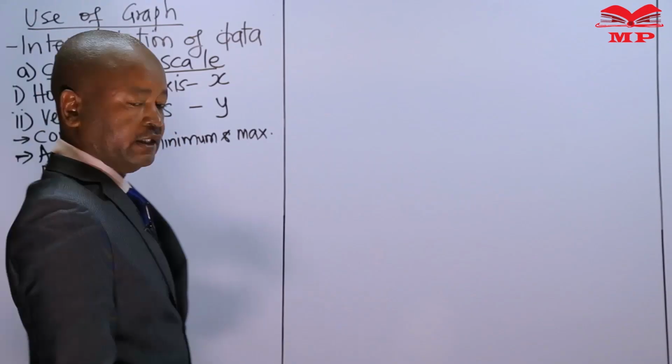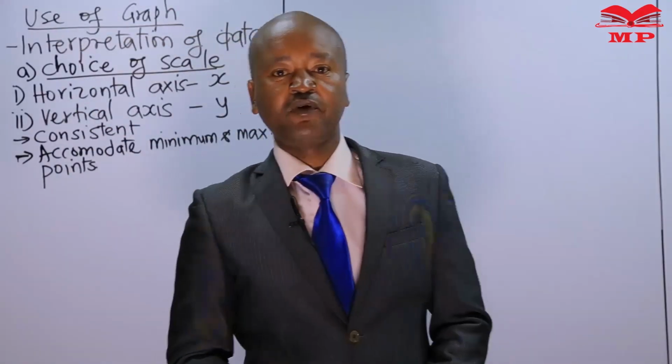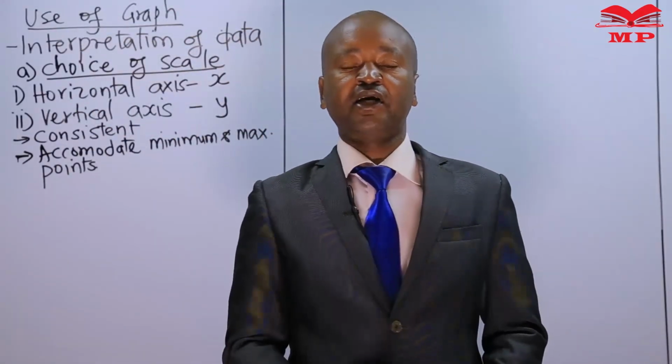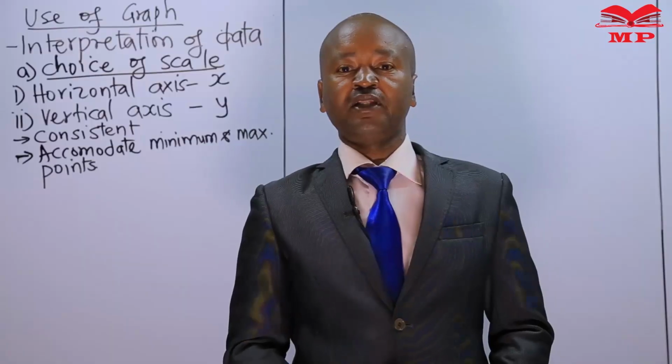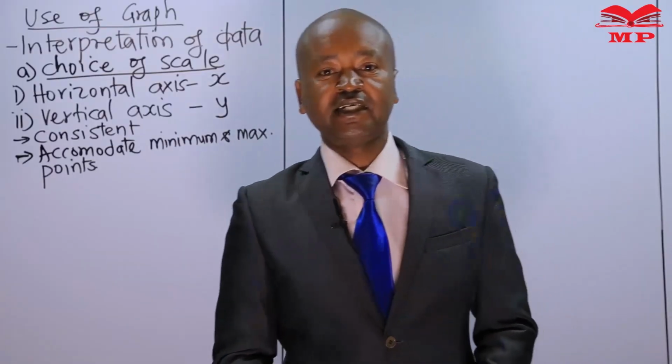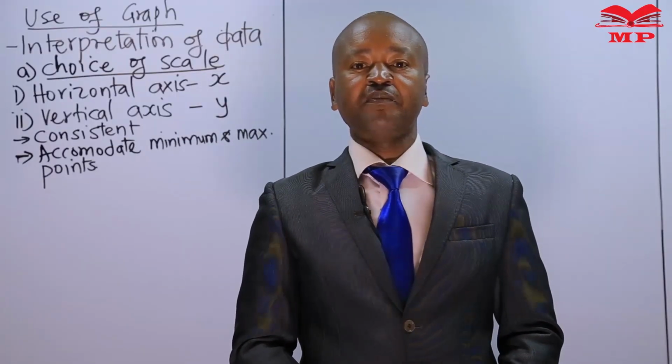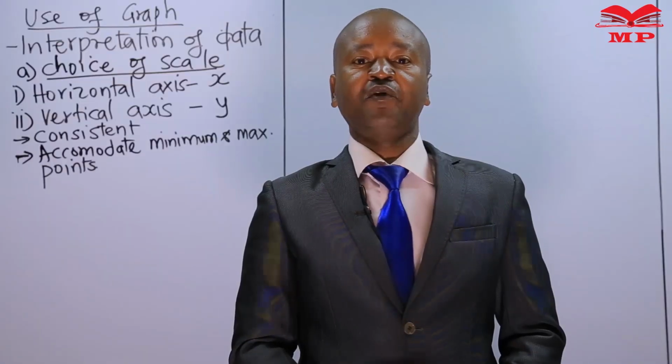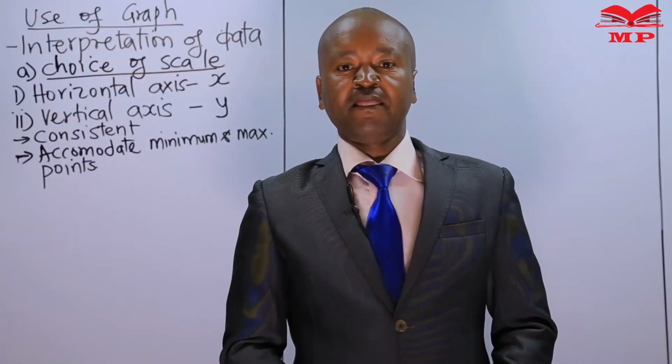So if the data is collected in a table, the learner can just look at the table and see which one is the minimum point. The minimum point is not necessarily 0. There is some data where the minimum point might be way above 0.